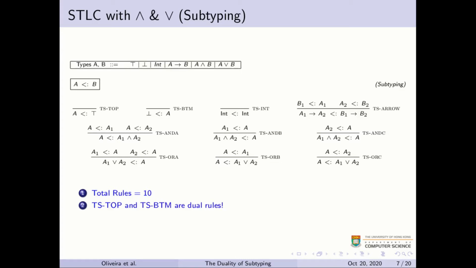And if we analyze this system more carefully, we see that ts top and ts bottom are the mirror images of one another, or they are the dual rules. ts top says that any type is the subtype of top, and ts bottom says that bottom is the subtype of any other type.